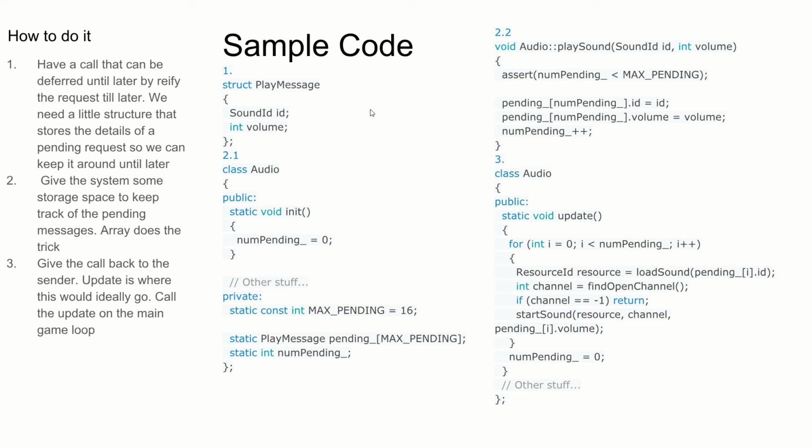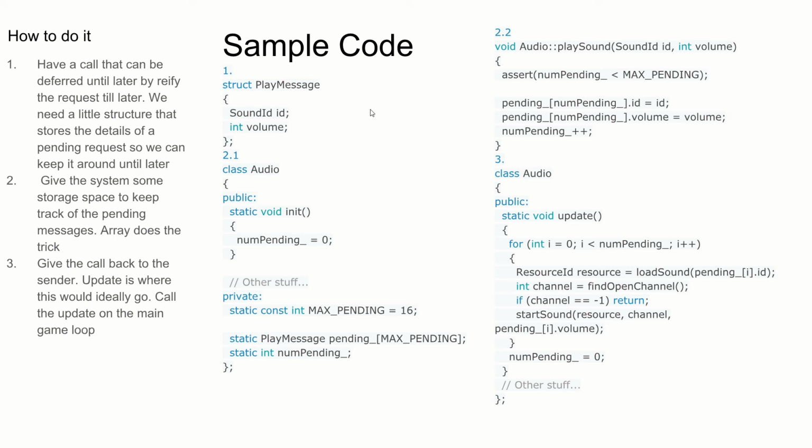So how to do event queues. Basically, what we have to do is have a call that can be deferred until later. We need a little structure that stores the details of that request for a later time. The second step is to give the system some storage to keep track of the pending requests.